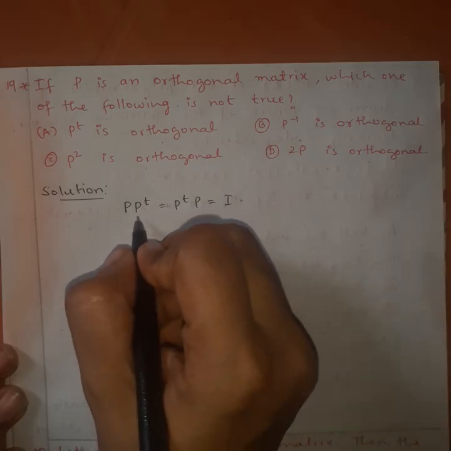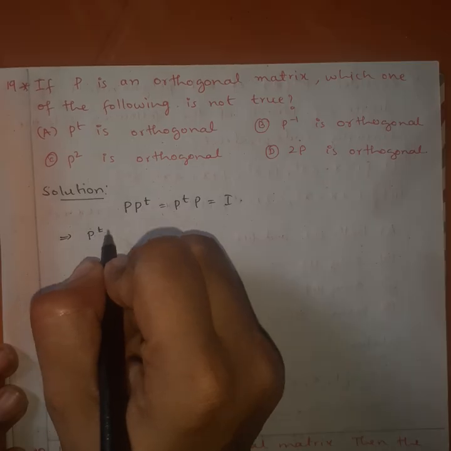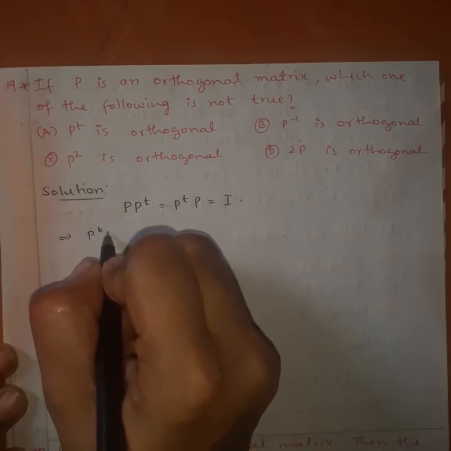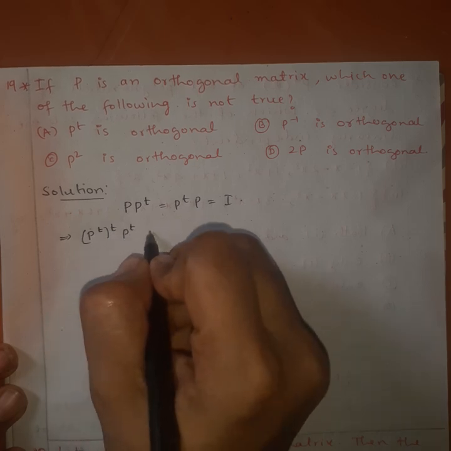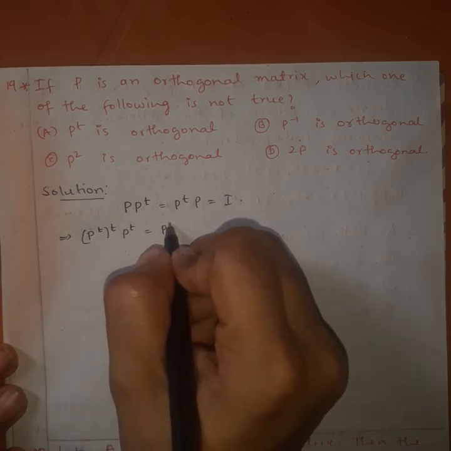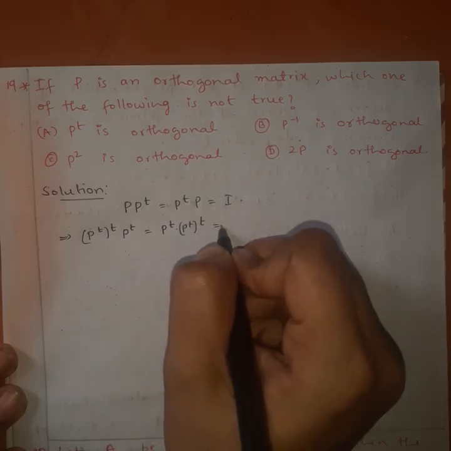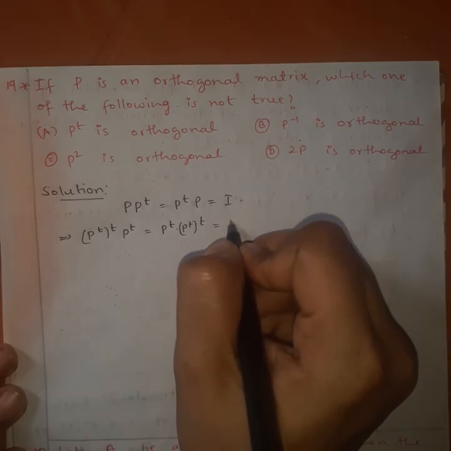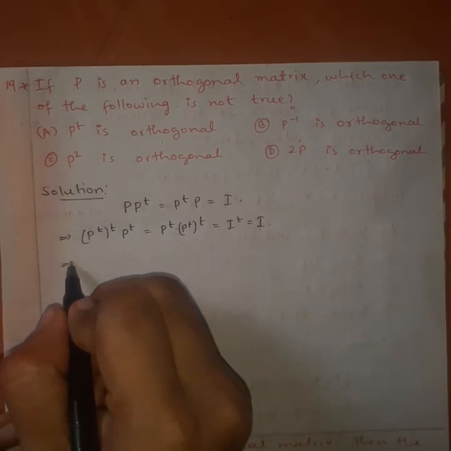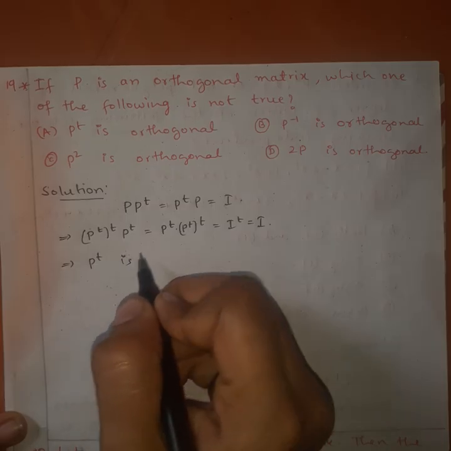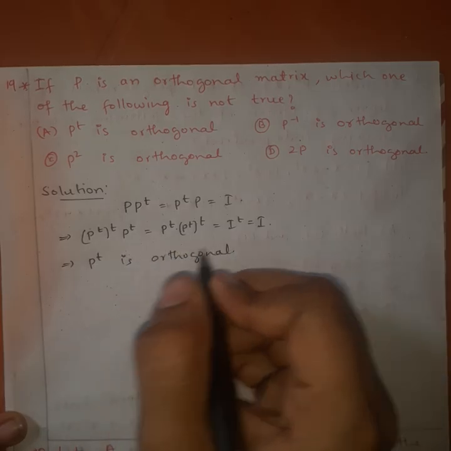So from this we can write P transpose into (P transpose) transpose, which is equal to P transpose into P, equal to I. So we got P transpose is orthogonal.